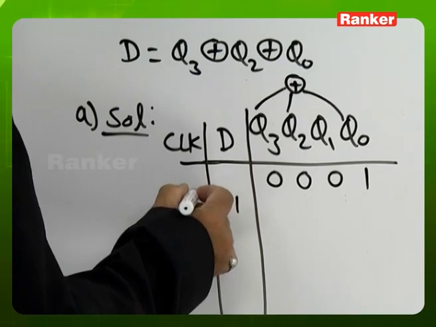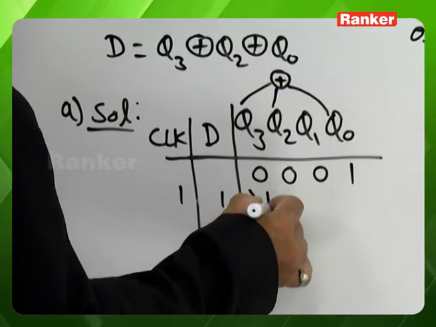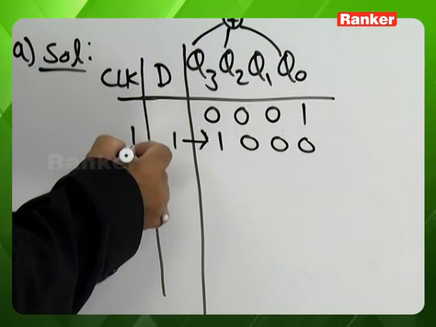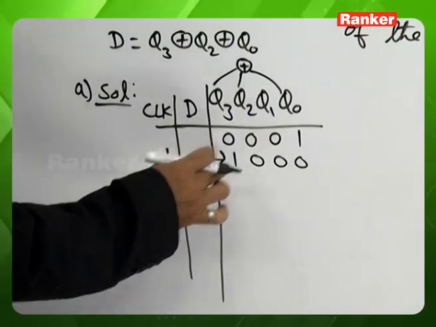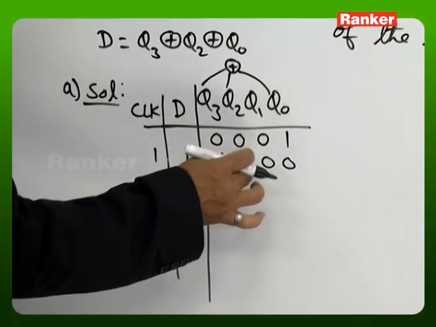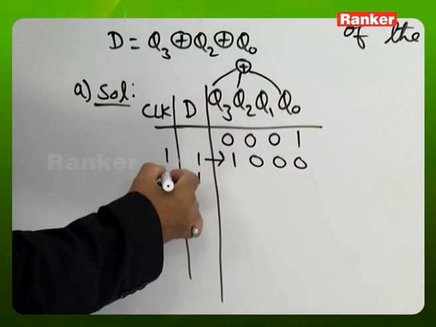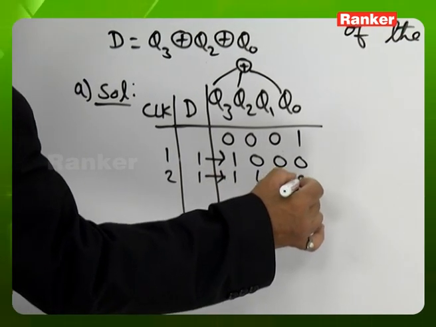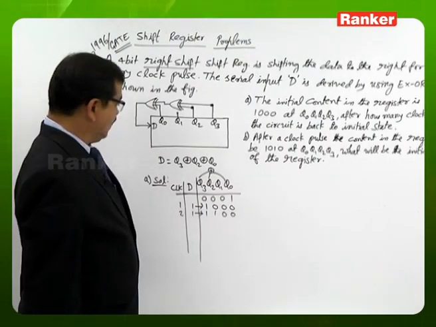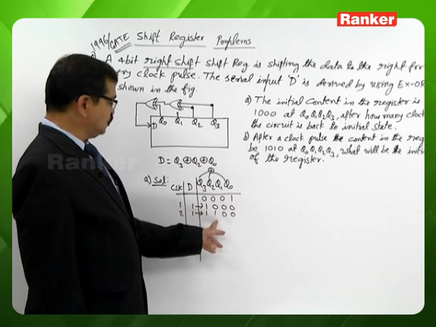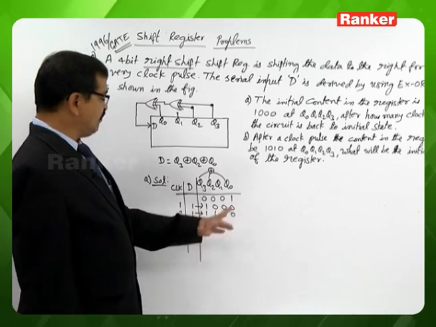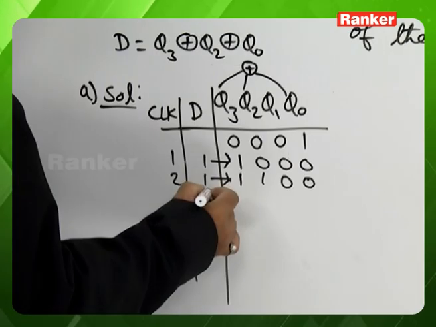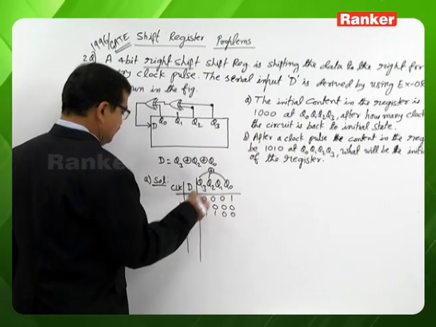Now if you apply the clock signal, we are looking at the content in the register. Before the second clock pulse, we look to the serial input Q3, Q2, Q0, 1, 0, 0. So again it is 1. The second clock pulse, we are looking at the content. And before the third clock pulse, Q3, Q2, Q0, even number of variables are 1, so that exclusive OR result becomes 0.